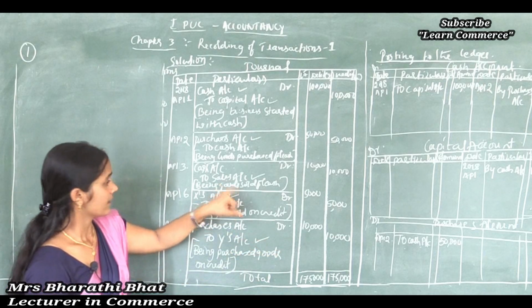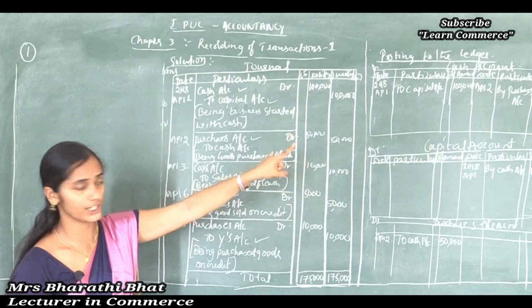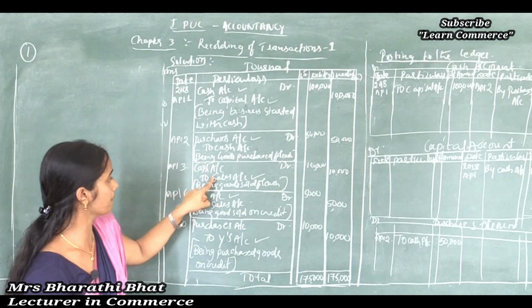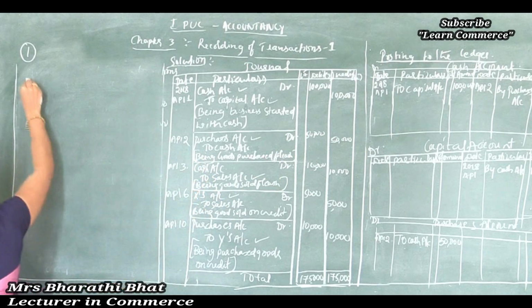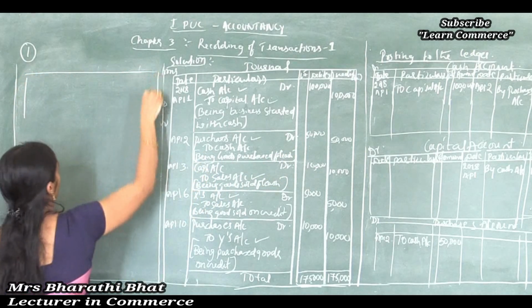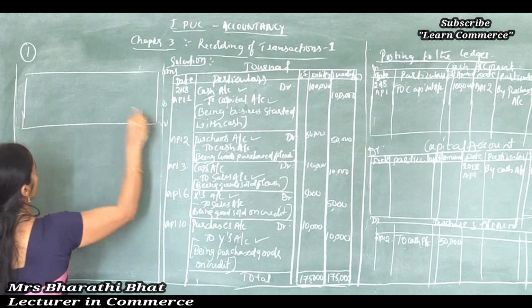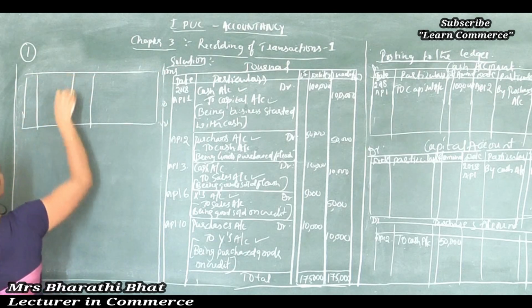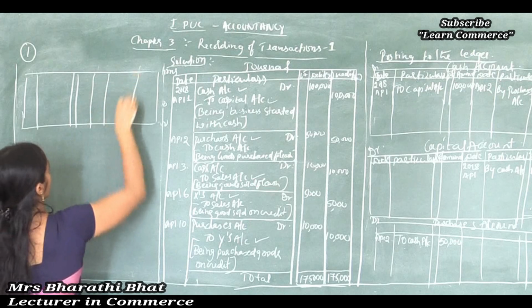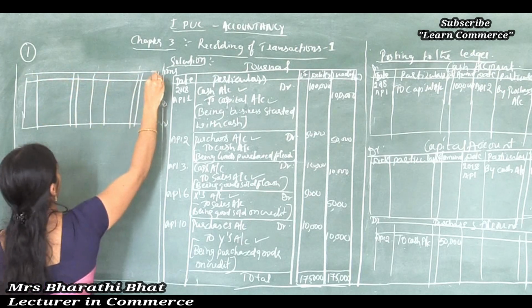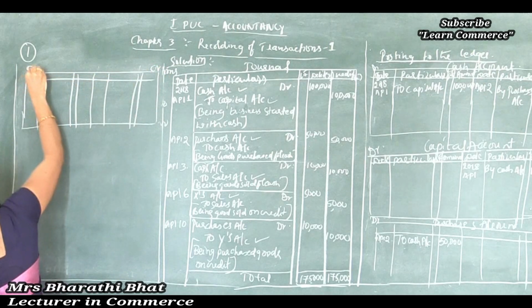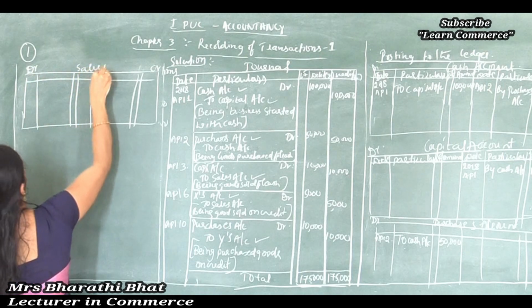We already have the cash account. Now we need to prepare the sales account. So just draw the ledger columns. Sales account, credit and debit.